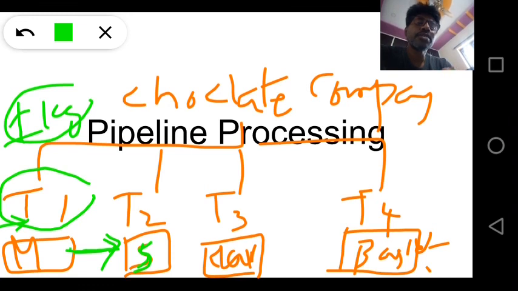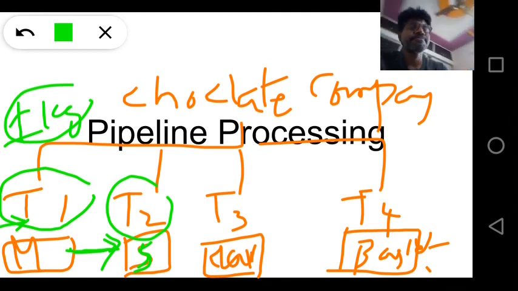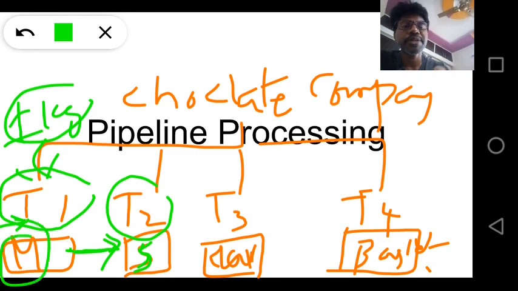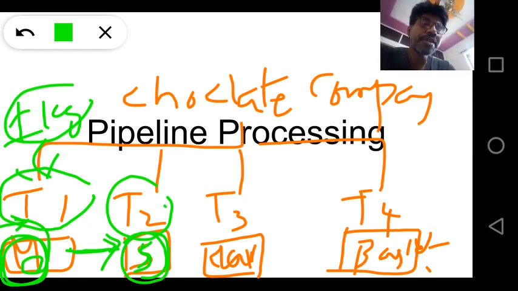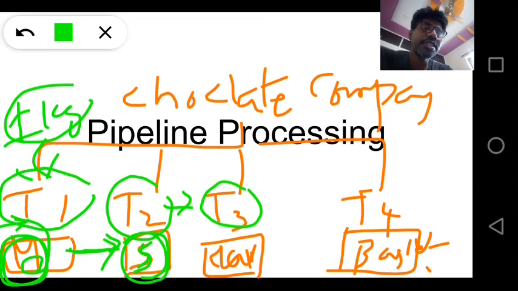When T1 sends this to T2, T1 can't sit idle. Again you send 1 kg of material, so it prepares and mixes. When T1 is mixing, T2 is also doing shaping. Once T2 completes shaping, it hands this over to T3, where T3 performs wrapping.